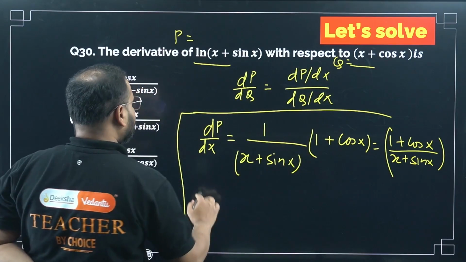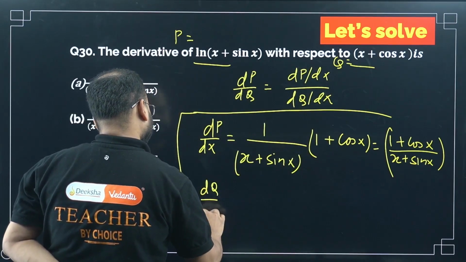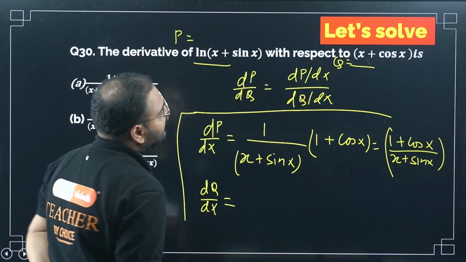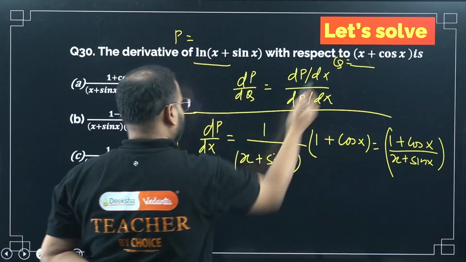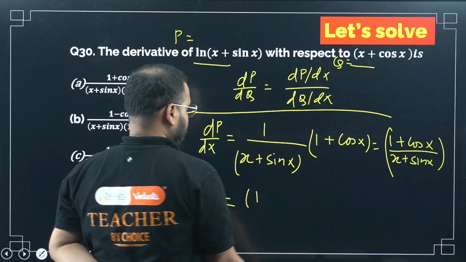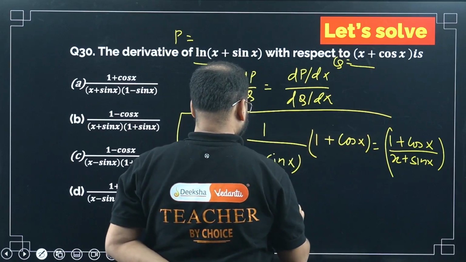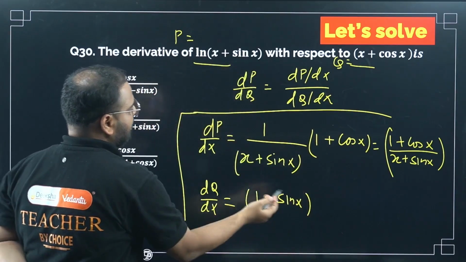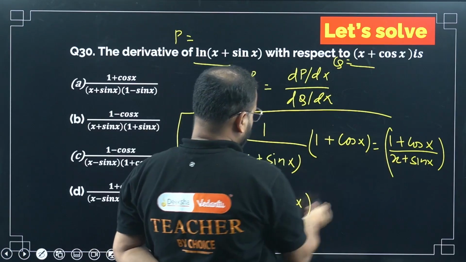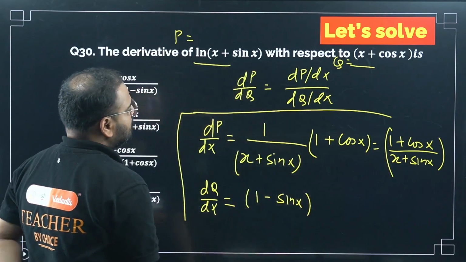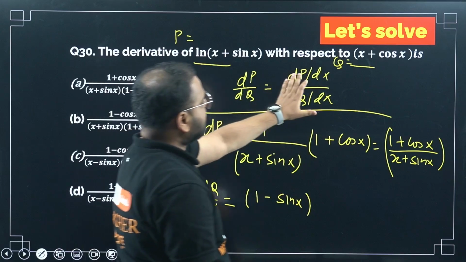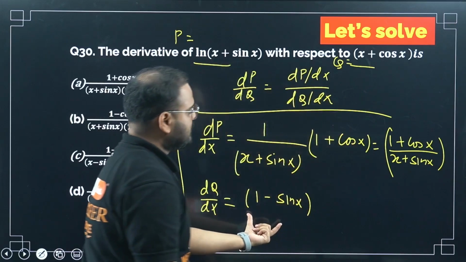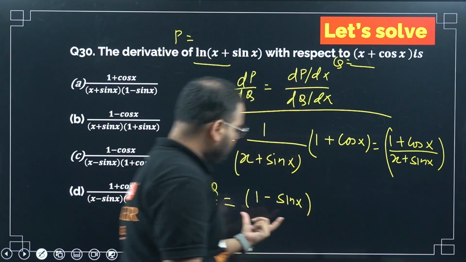What about dq by dx? Very simple. For x it will be 1, for cos x it will be minus sin x. I have to take their ratio, so dp by dx upon this, and this will come in the denominator.